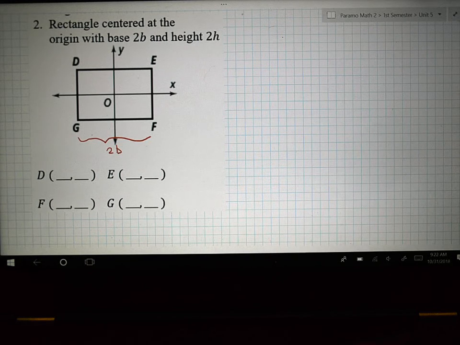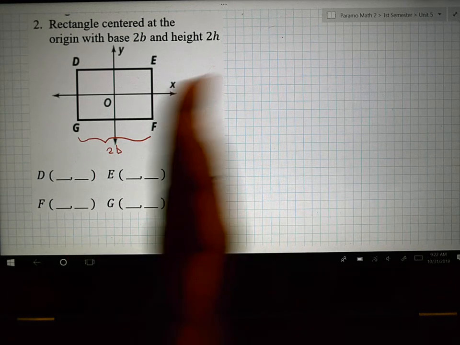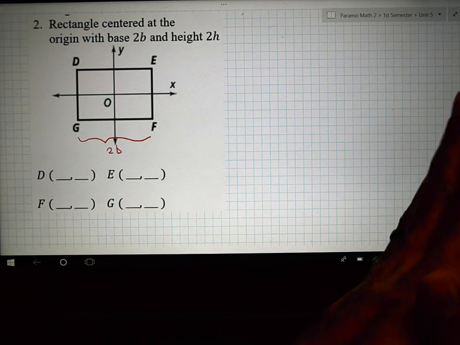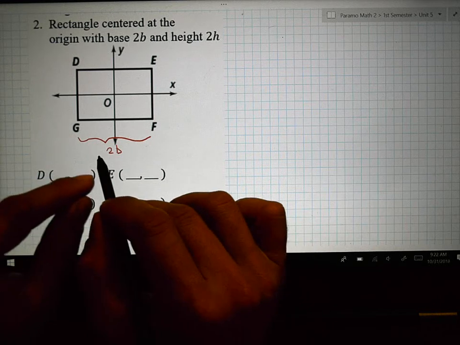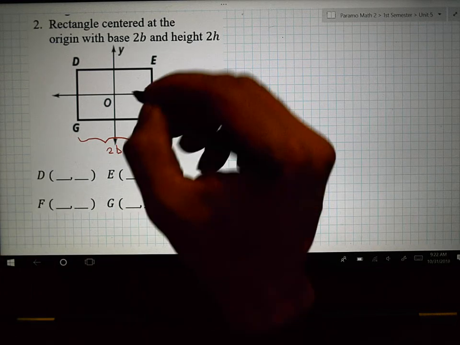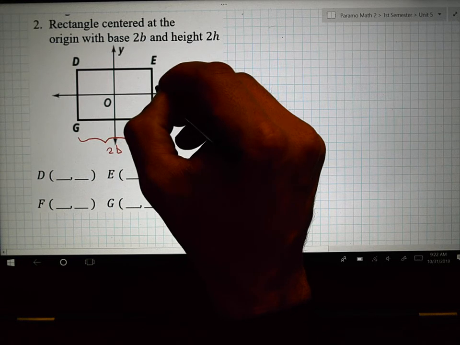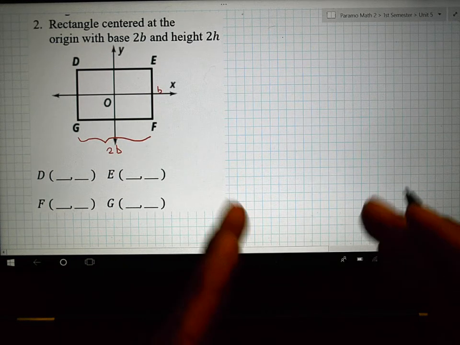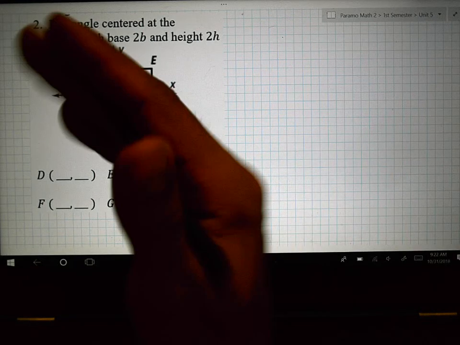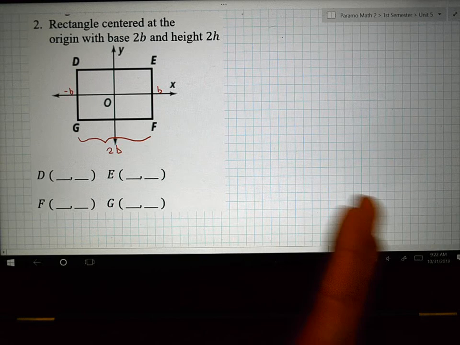Well, if that's the distance of 2b, then the length is going to be half going to the positive side and half going to the negative side. If the full length is 2b, then the distance going in the horizontal direction has to be b units to the right, and the other half is going in the negative direction. So over here, this is going to be negative b units to the left.